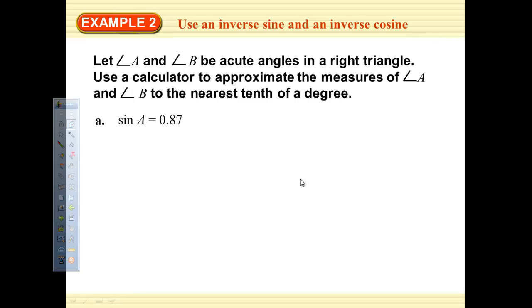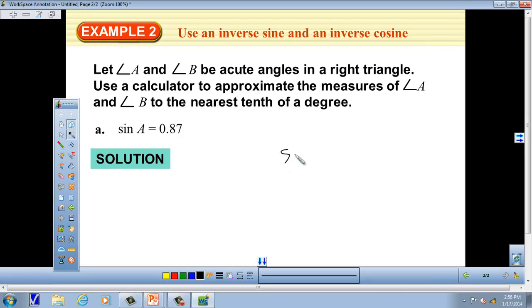Okay, so here's a couple of problems. Again, we know that the sine of A is equal to 0.87.